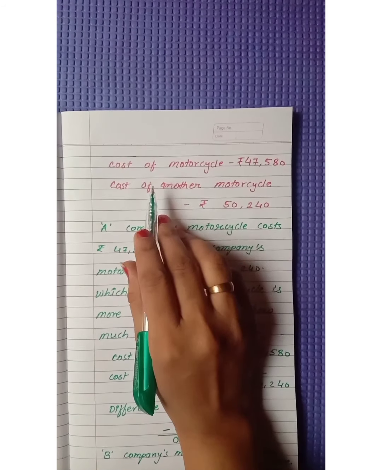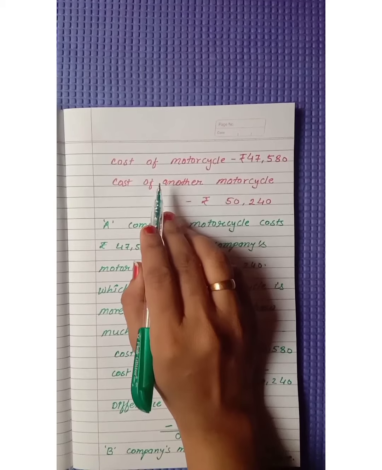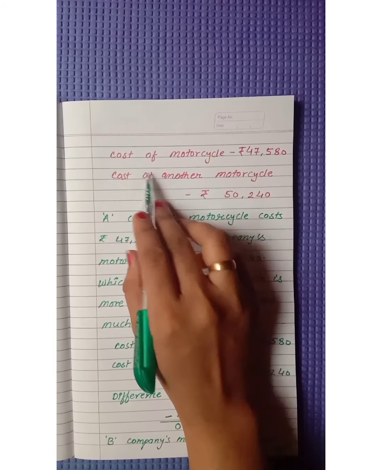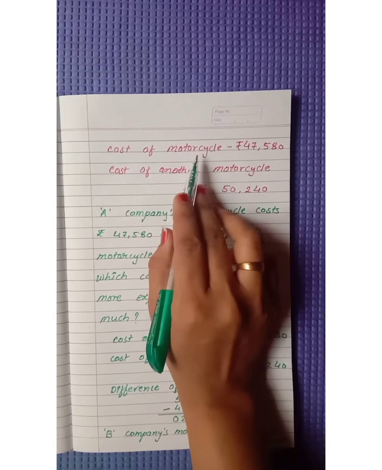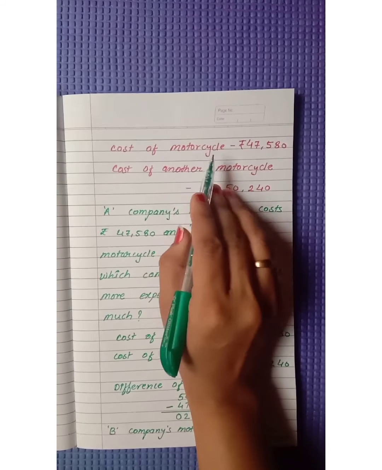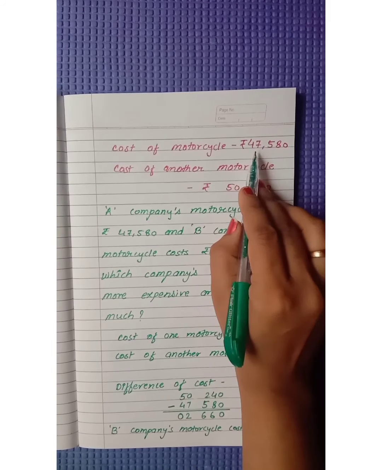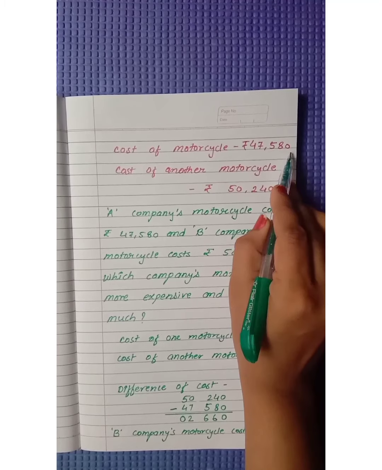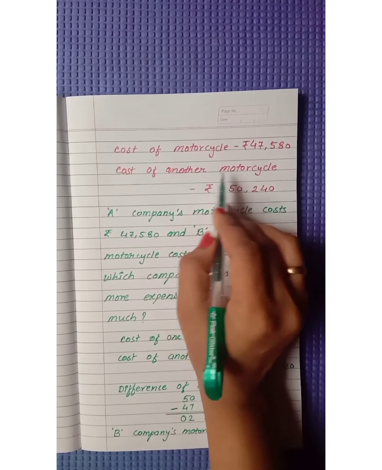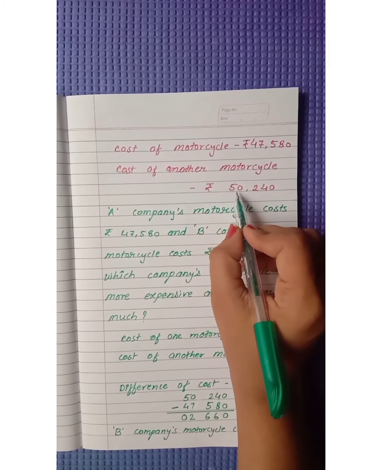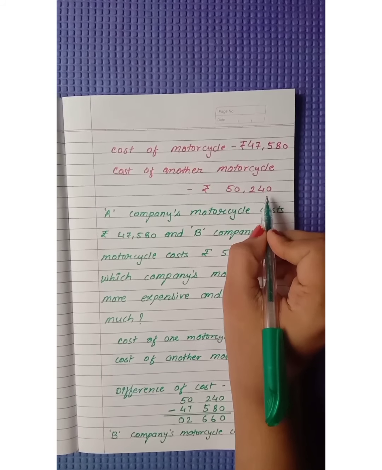One more example of how to create a word problem of subtraction. Here the information is given. The cost of a motorcycle is 47,580 and the cost of another motorcycle is rupees 50,240.